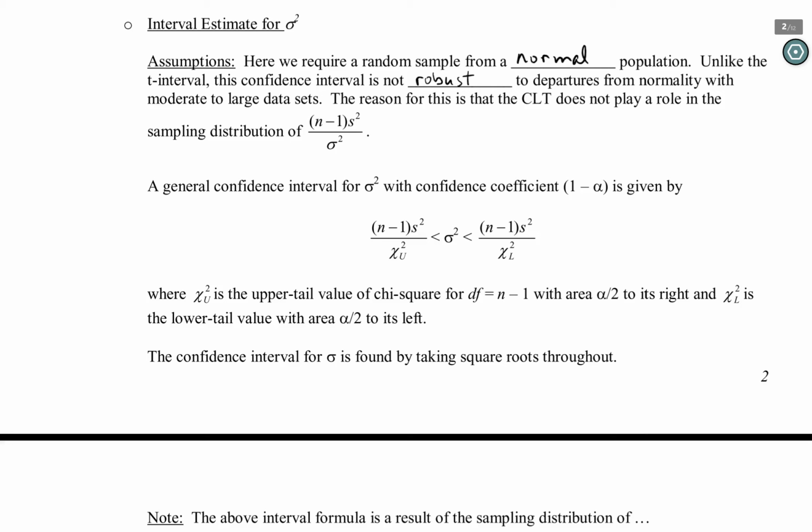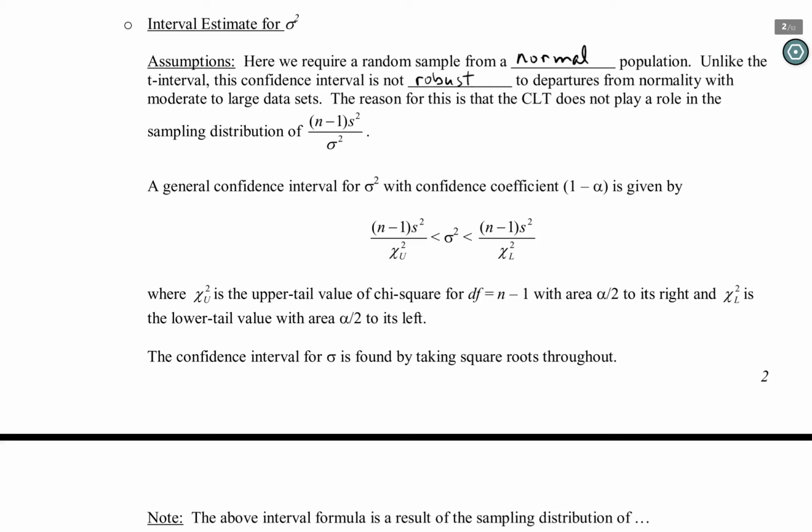If you recall, the t-interval, which actually became the z-interval for population mean mu, we could start to relax the normality assumption as our sample size increased. So if we had a large sample size, the normality assumption was not as important. And the central limit theorem was driving that result.